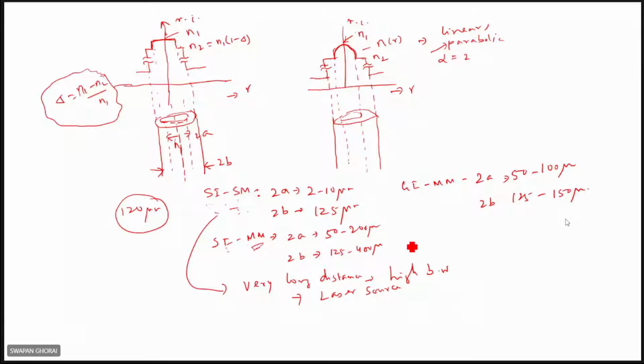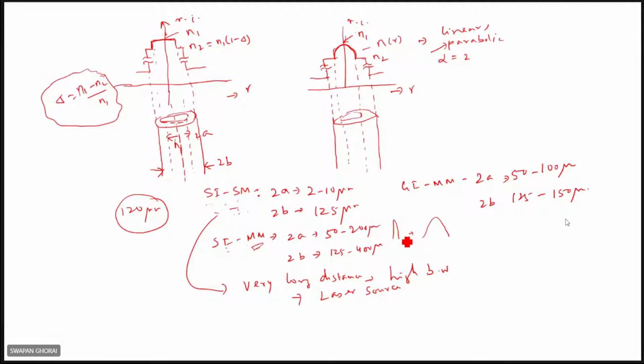If you launch a pulse, then the pulse will be distributed among different modes and energy. And if those modes arrive at different instants of time, then the pulse shape will not be the same as the launched pulse. Rather, after a certain distance, it will be broadened, right?